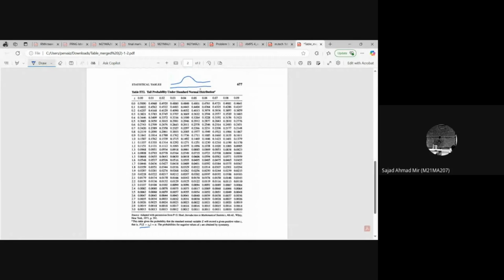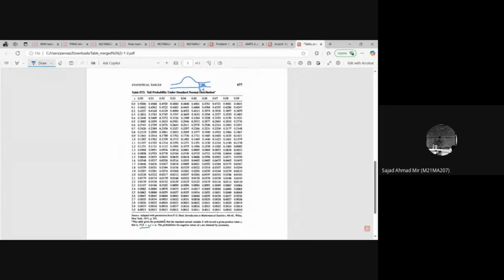If this is your normal distribution, this area is alpha, and this is z alpha. Symmetrically you can look at the other part, but this table gives you this probability. Now when we look into this table, instead of alpha we will be looking at alpha by 2, right?